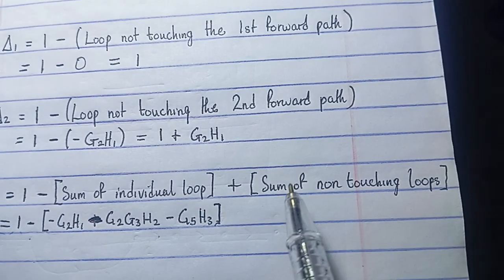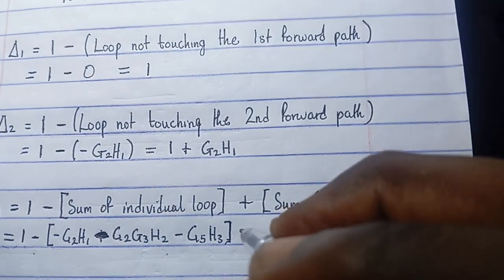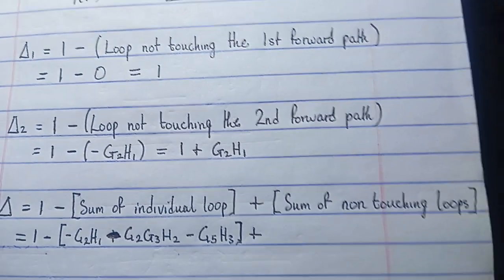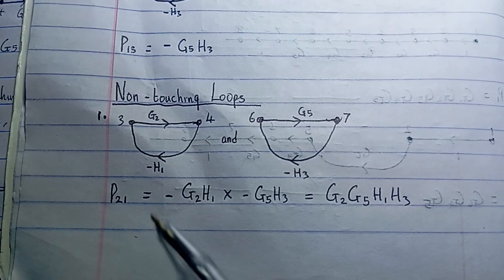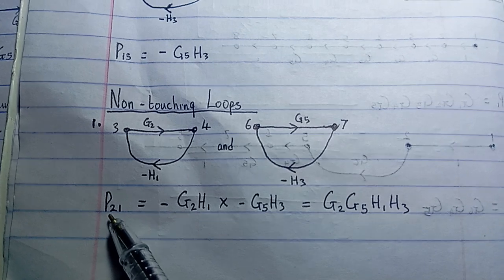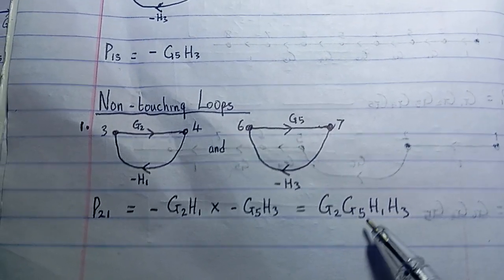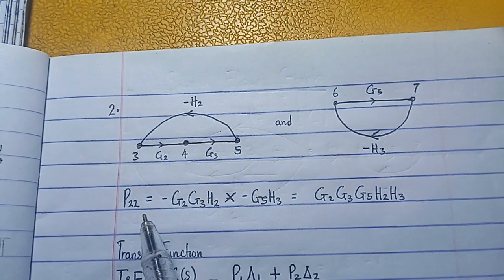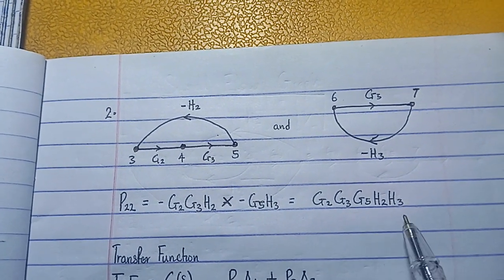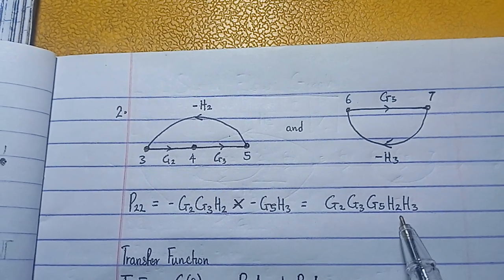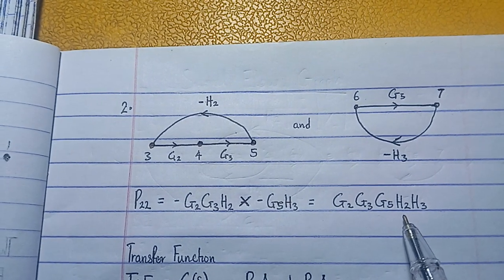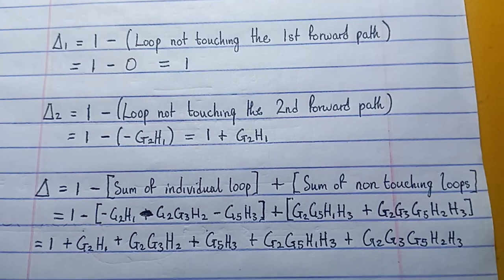And the next thing we're doing is the sum of the non-touching loops. Let's write sum of non-touching loops. We go back to the gains on our non-touching loops. This is P21. This is the gain we have here. So we have this plus this, which is the next one, here. So let's add the two non-touching loop gains.